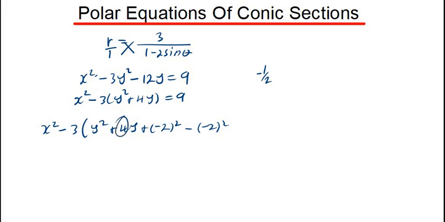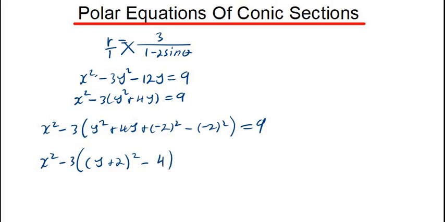These are the steps that we follow when completing the square. So this equals 9. So you're going to have x squared minus 3, then y plus that 2, squared, minus 2 squared, which is a 4. I've gotten it from that one. Then this equals 9.